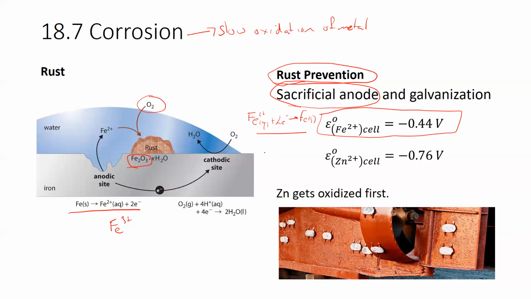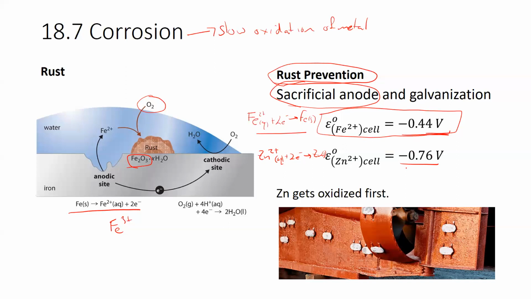And what happens is, if you look at the reduction potential of zinc, zinc 2+ plus 2 electrons going to form zinc solid, if you look at those reduction potentials, iron has a much larger reduction potential.